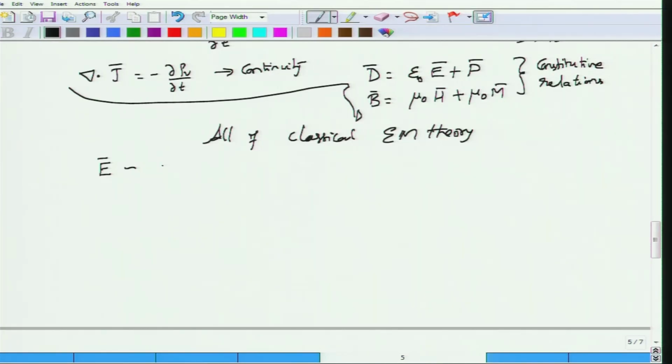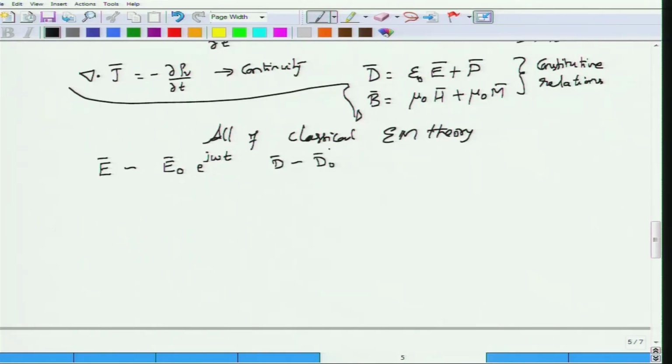If the electric field has a certain value E0, pointing in a certain direction, but with respect to time it is changing as some sine or cosine, or in general as e to the power j omega t. So, it is a sinusoidal wave pointing in a certain direction, but with respect to time changing as a sine or cosine wave, or in general a complex exponential. We assume that all the fields are changing like this.